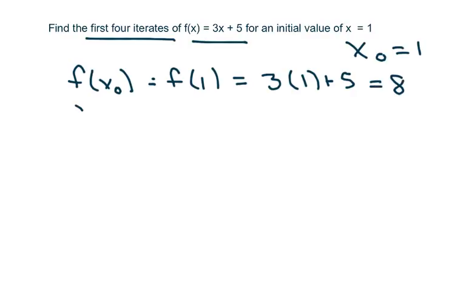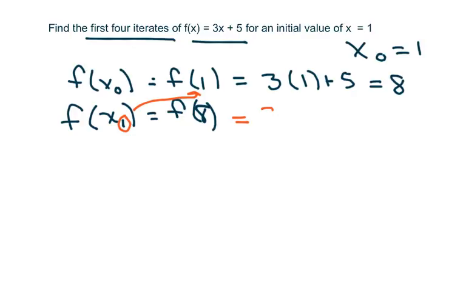And now I'm going to do the second value, which would be x to the 1. So that's going to be f of 8. Okay? Because I'm using the 1 here to go with this one. So f of 8 equals 3 times 8 plus 5 equals 29.